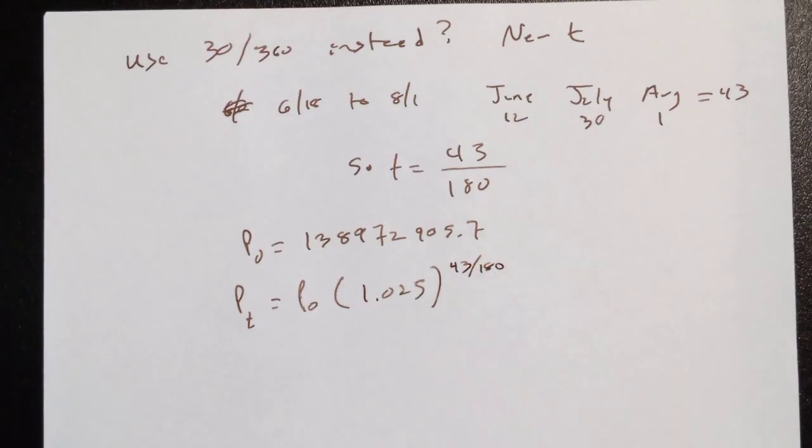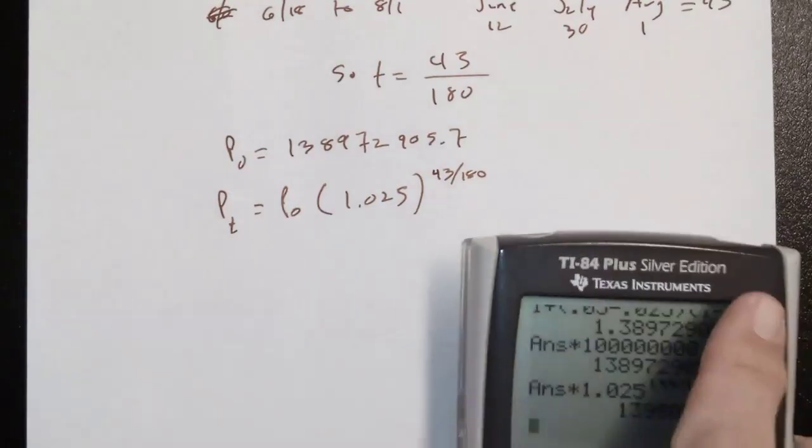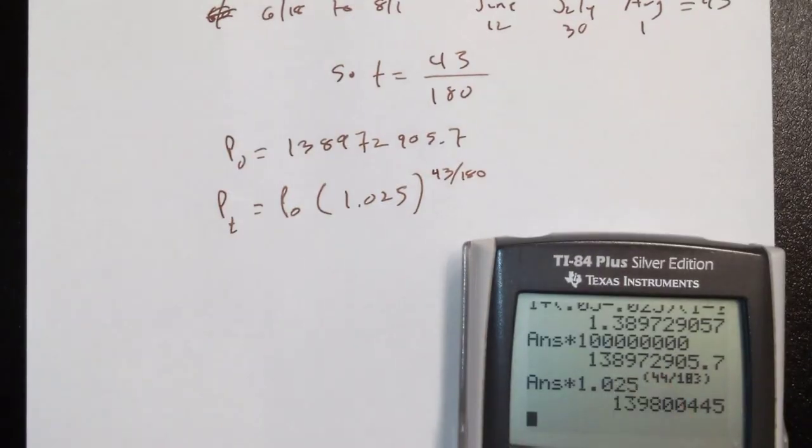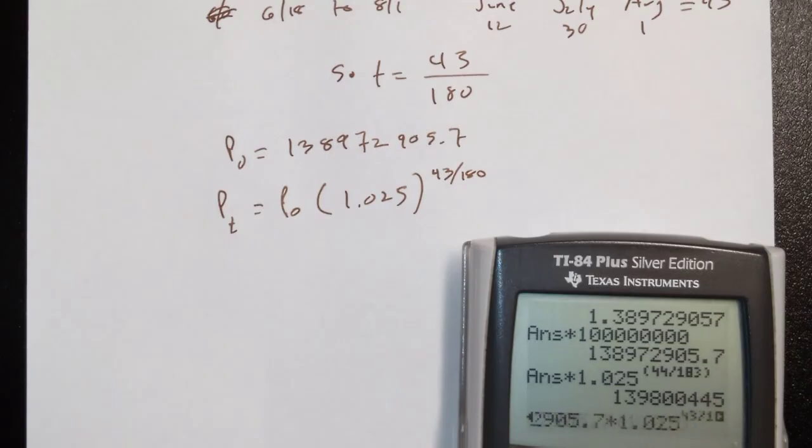It's not a huge difference. Here's our number for the actual price. And I'm going to multiply that by 1.025 raised to the 43 over 180.